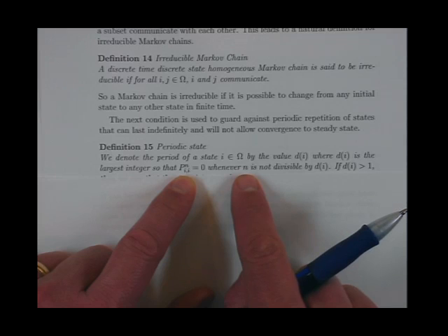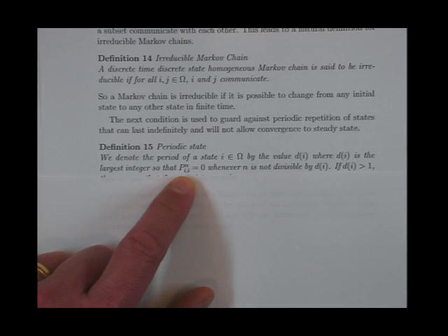If the state i is periodic with period d, it means that it will return back to that state every d times. And if n is not a multiple of d, then it can't be in the state. So the periodic state is really defined by what doesn't happen, not what does. It's defined by the fact that if you're not on a clock tick, you can't be in that state.